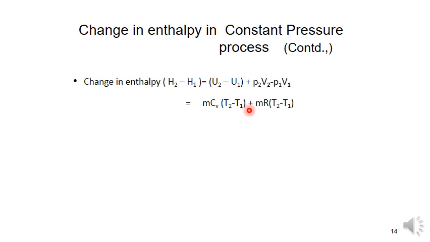So P2 V2 is equal to mRT2, and P1 V1 is equal to mRT1. In both terms mR is common, so I am taking T2 minus T1.